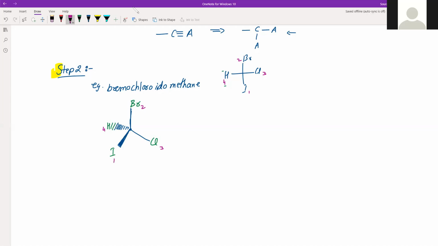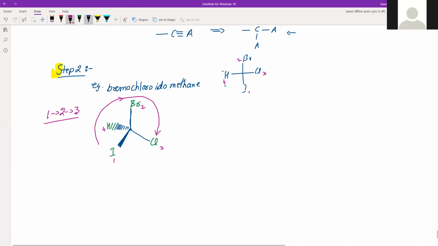Now move from 1 to 2 to 3. If I move in this order, it is clockwise. You just move and then decide whether the move was clockwise or anti-clockwise. So this move was clockwise.